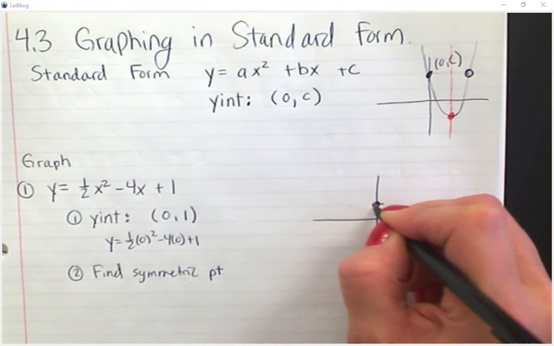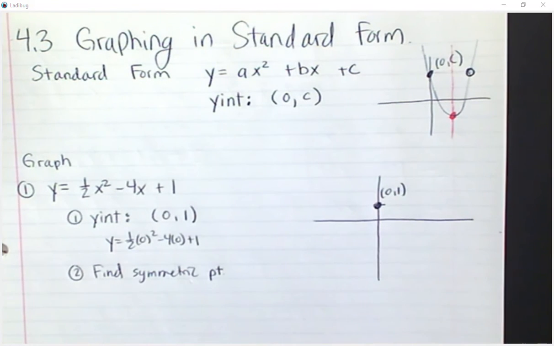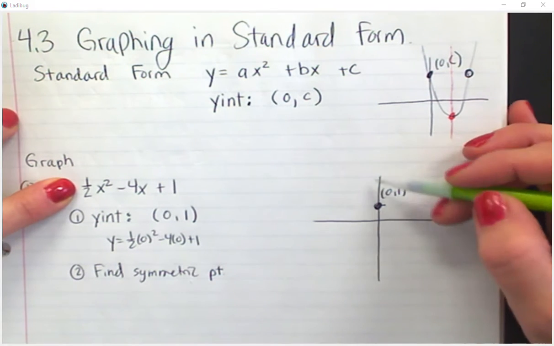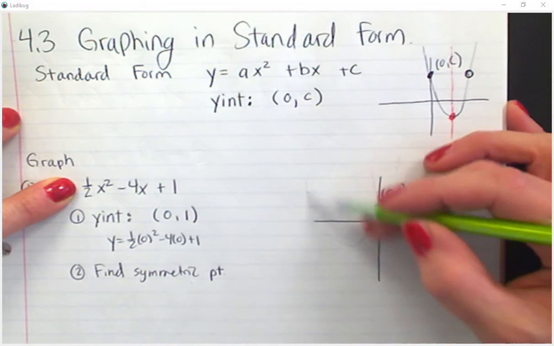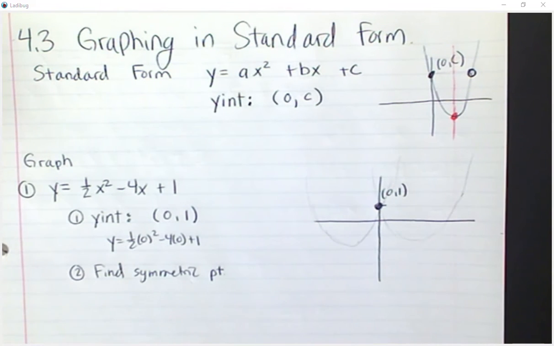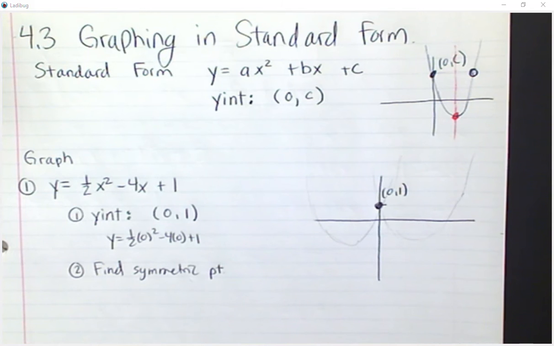Right now I've got this. That's all I've got right now. I know there's a parabola here. Okay? I know it's concave up. Maybe it looks like this. Maybe it looks like this. Right? There's a parabola that is concave up going through that point.